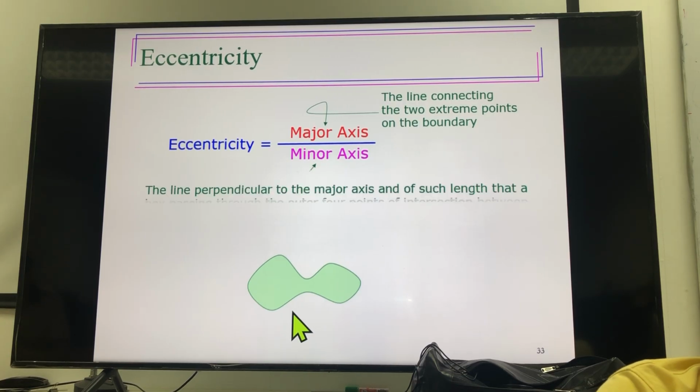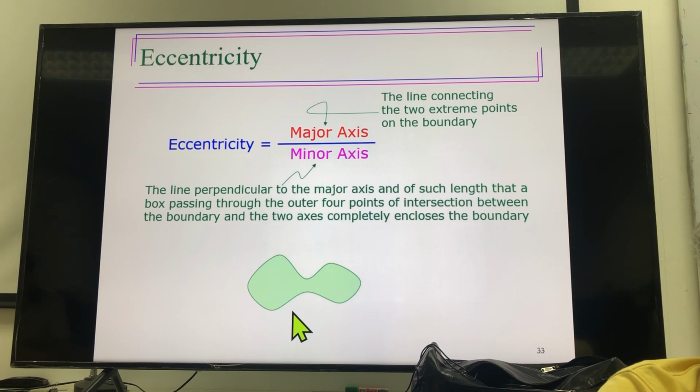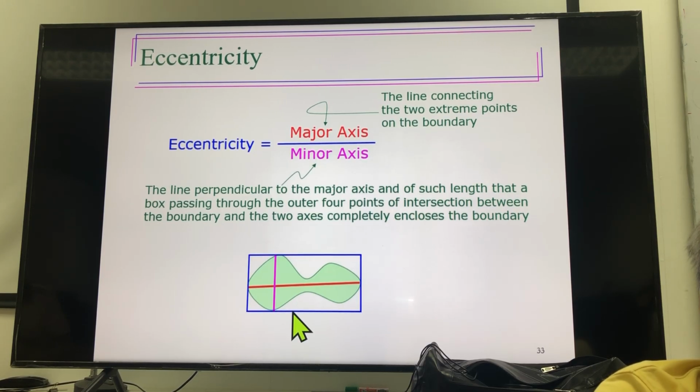And the minor axis is the line that is perpendicular to the major axis, and it reaches the maximum distance as well. So this is the major axis, or the diameter, and this is the minor axis. According to this, you can draw the rectangle around the object.